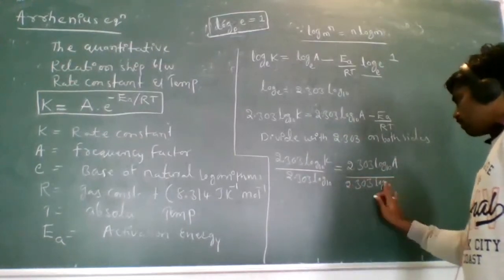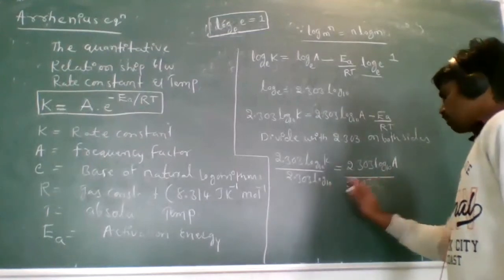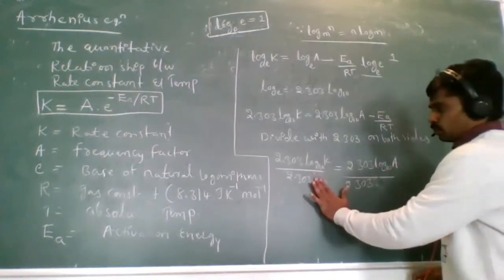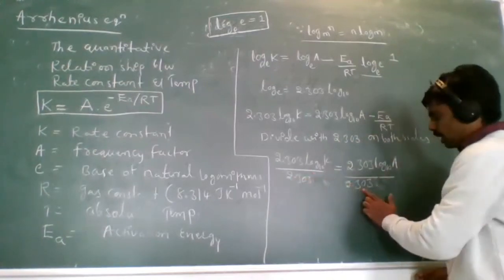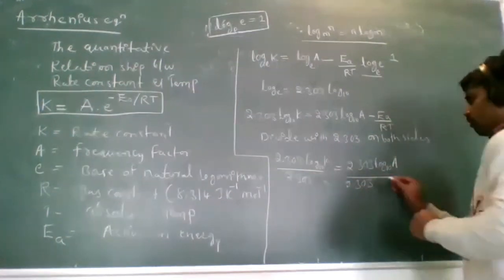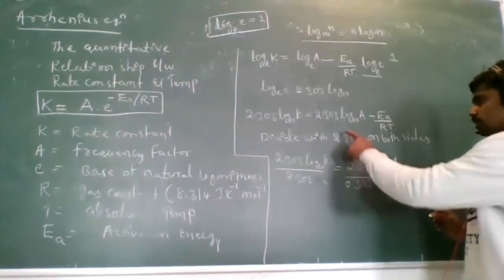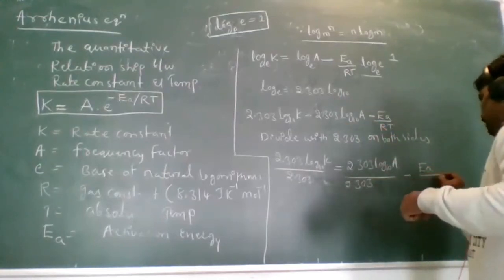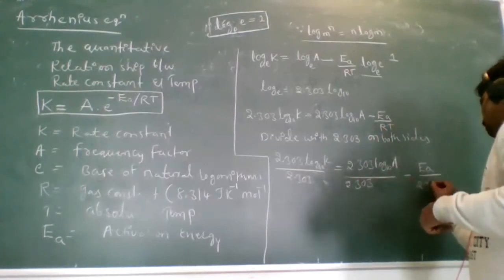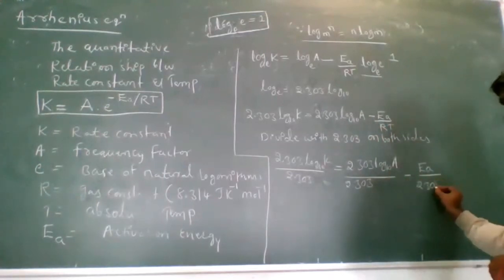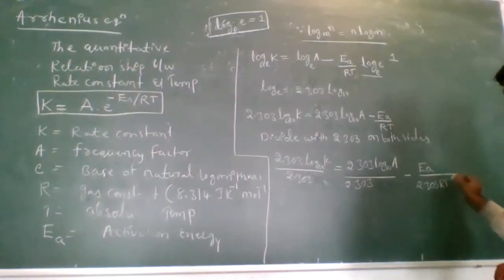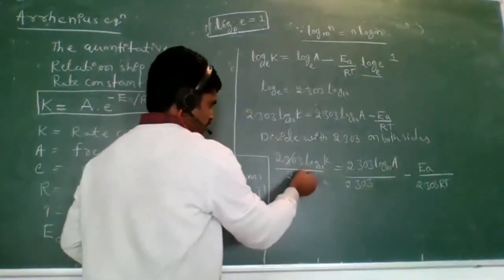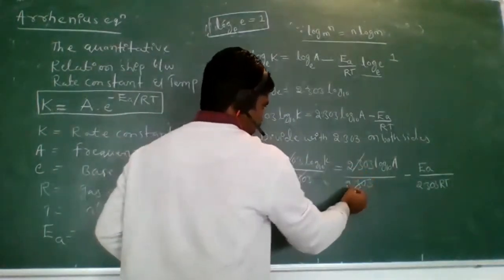We have divided with 2.303 now, right? Don't take a log here. Next, what is there? Remain minus Ea by 2.303 RT. Right, now here 2.303 cancels.